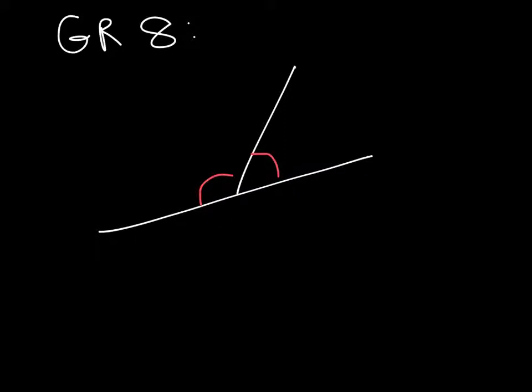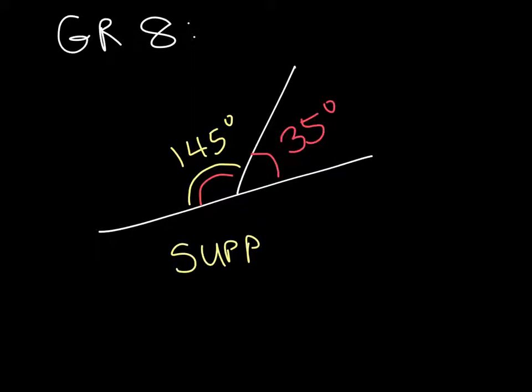So for example, if this angle is 35 degrees, this other angle right here is going to be 180 degrees minus 35, because both angles have to add up to give you 180. So this would be 145 degrees. Two angles that add up to give you 180, or the straight line rule, are called supplementary angles.